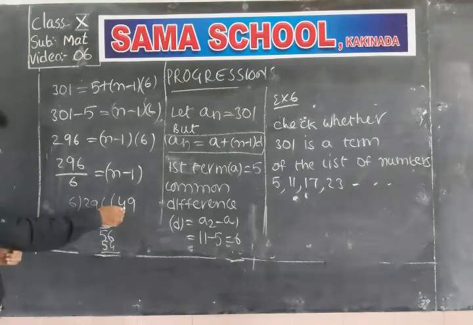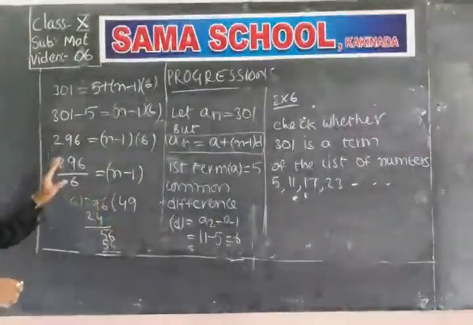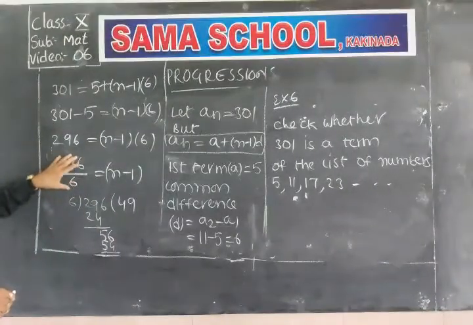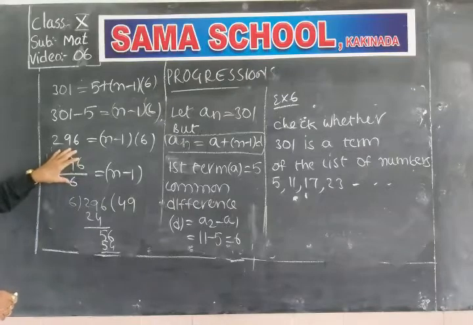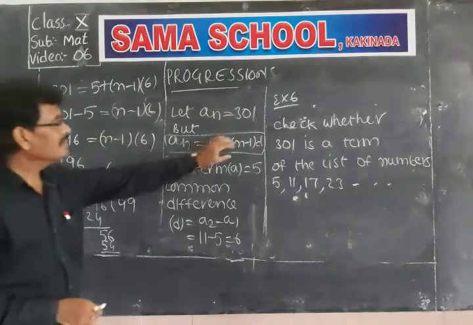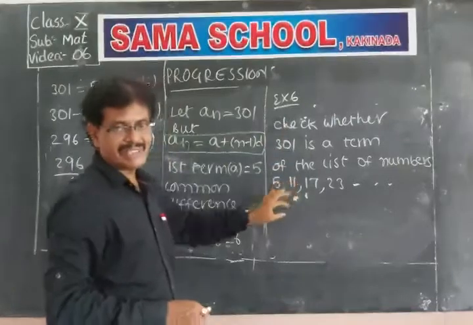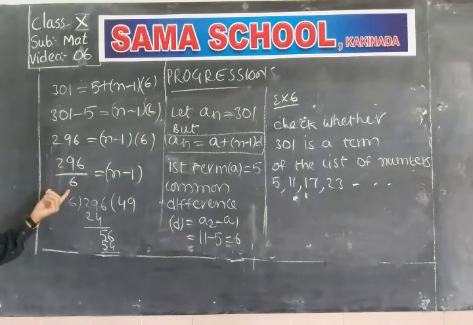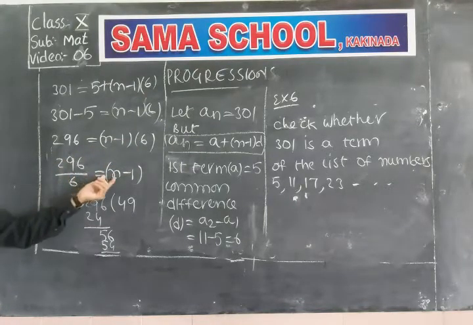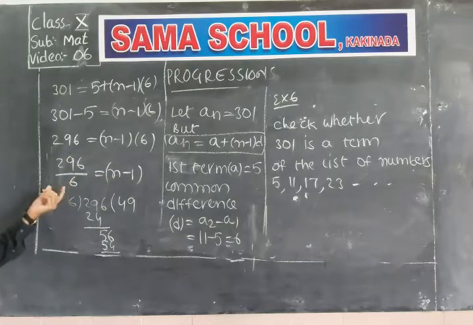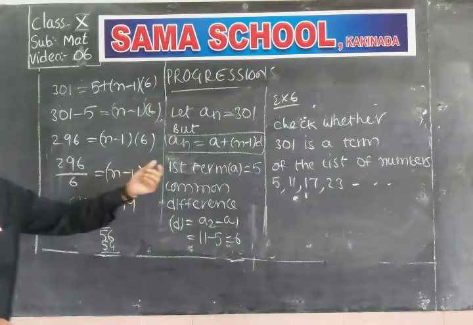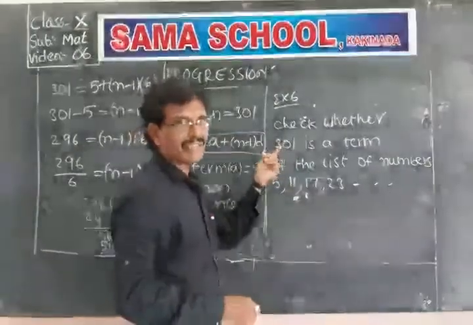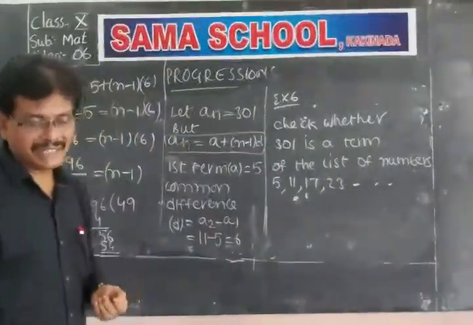Here we are getting a decimal, it's not dividing exactly. So from this you can say that this value does not belong to the given series, because we are not getting an exact number to say that the value belongs to a particular term. These two are not divisible for finding the value of n. So confidently you can say that 301 does not belong to the given series.